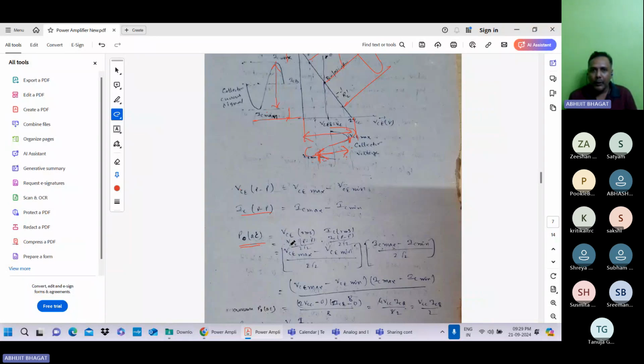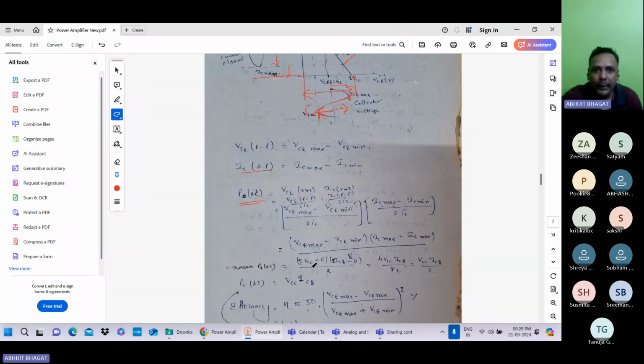VC RMS equals VC peak to peak divided by 2√2, and same for IC peak to peak divided by 2√2. Peak to peak means VC max minus VC min, and IC peak to peak means IC max minus IC min. So after this you will get (VC max minus VC min) into (IC max minus IC min) divided by 8. So this is the output AC power you can get.